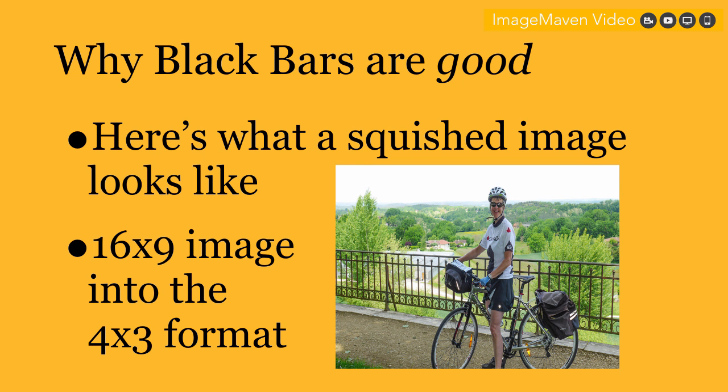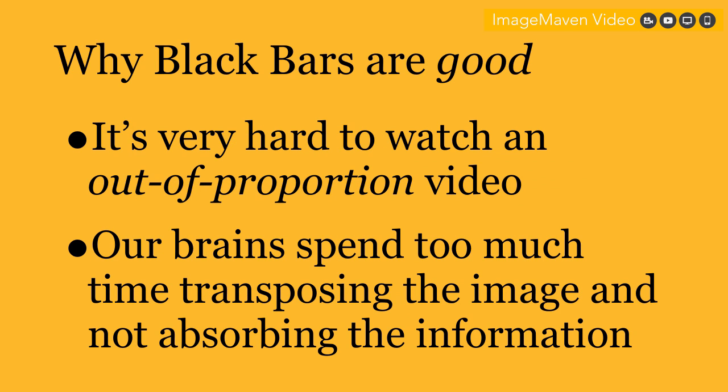And here's what a squished image looks like. This is a 16:9 image into the 4:3 format. It's very hard to watch an out of proportion video. Our brains spend way too much time transposing the image and not absorbing the information.